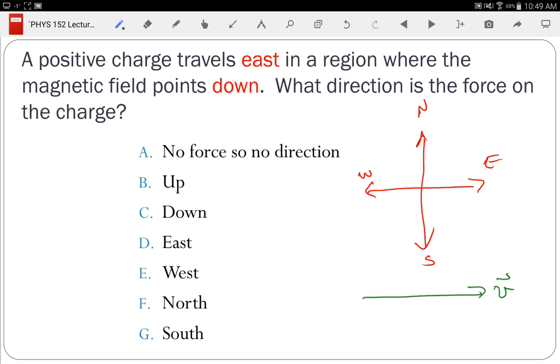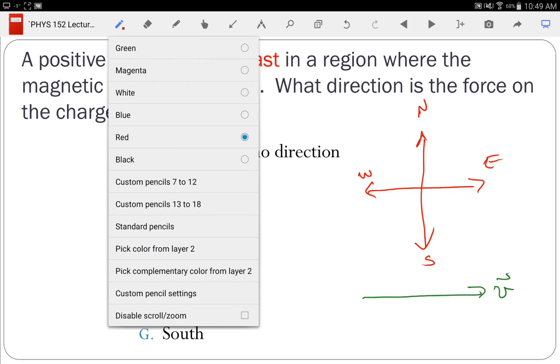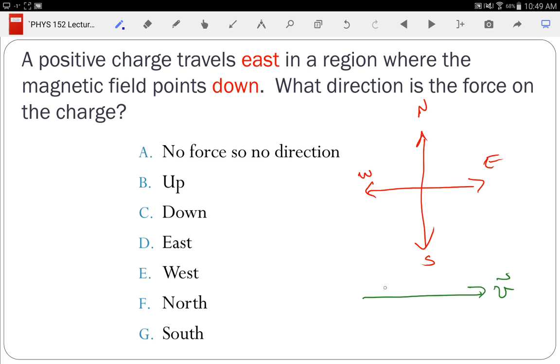The magnetic field points down, so the magnetic field is going to be like that. What direction is the force on the charge?